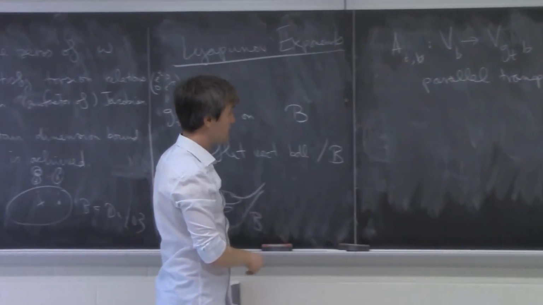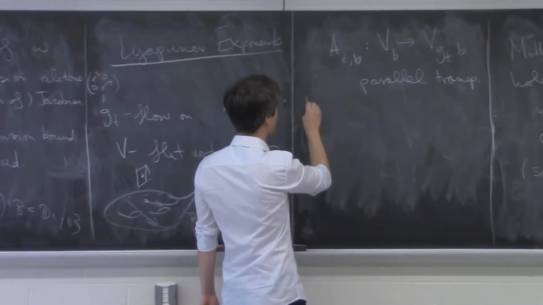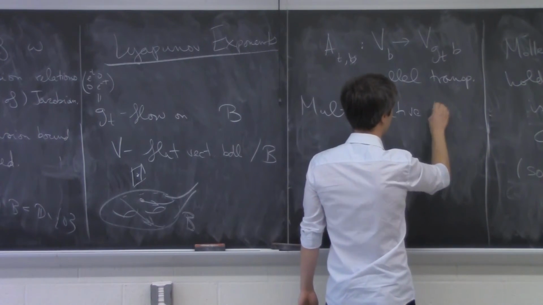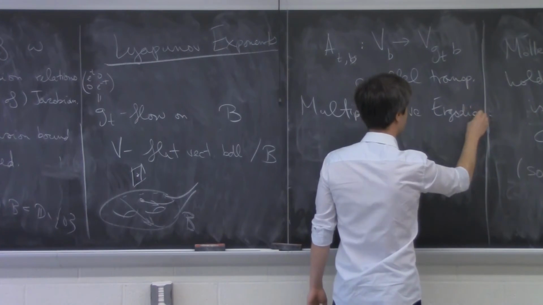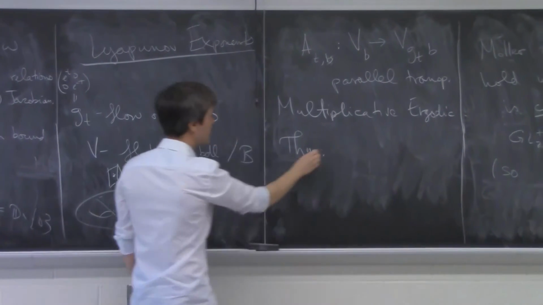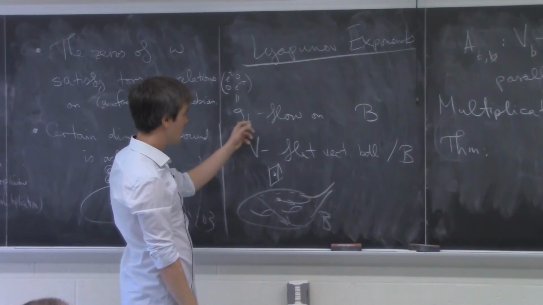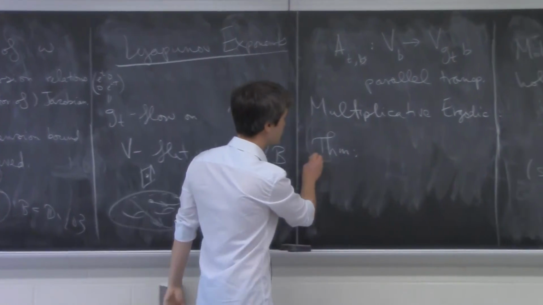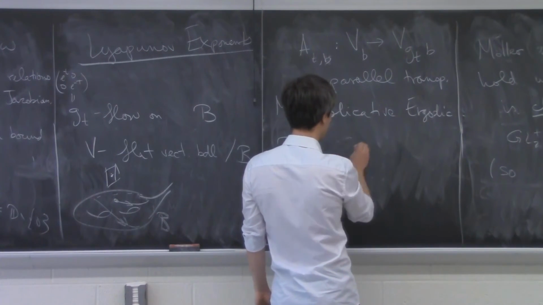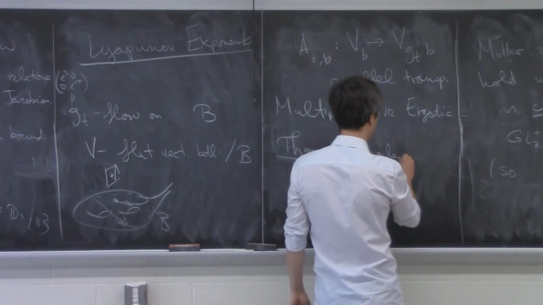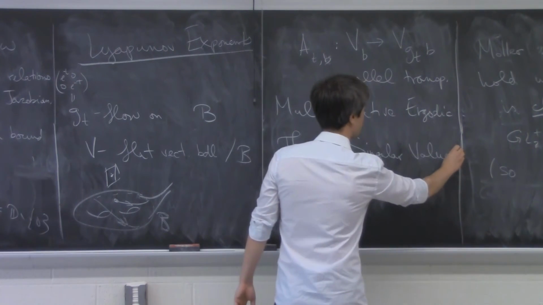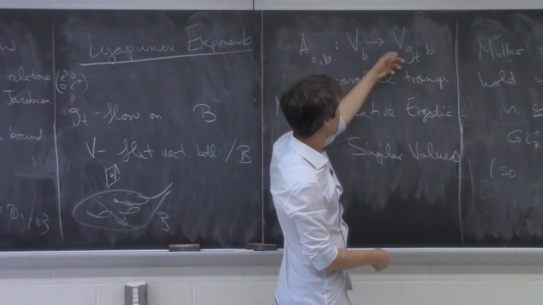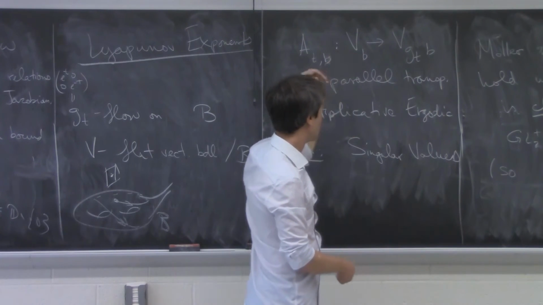And the theorem, the multiplicative ergodic theorem, tells you that under certain assumptions, some very basic standard assumptions on this flow and this vector bundle, there exist the singular values. If you forgot what singular values are, this is just a way to attach some numbers to a map from one vector space to another.